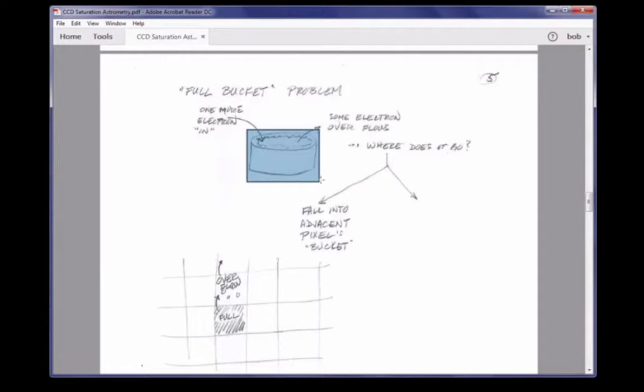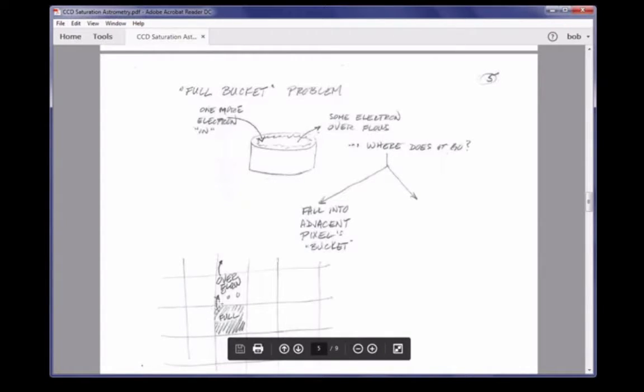So here's my bucket. It's collecting electrons that came in from the pixel during the exposure. And if the bucket is full, and one more electron comes in, well, some other electron is going to flow over the side because the bucket is full. Where does that extra electron go? Well, one place that it can go is it can fall into the bucket of an adjacent pixel.